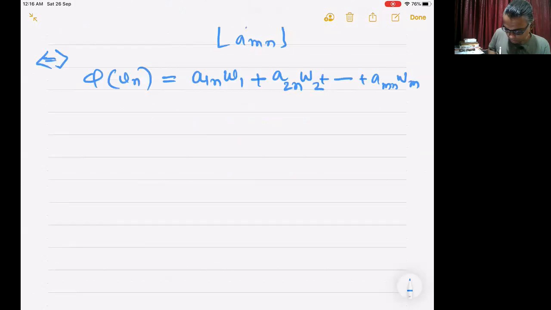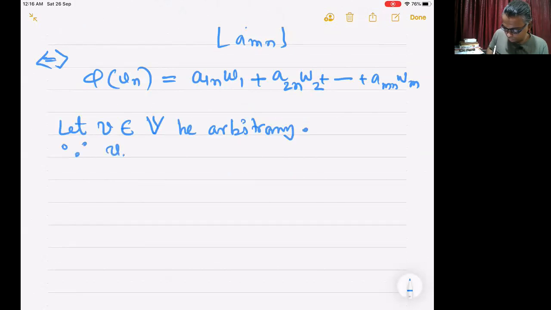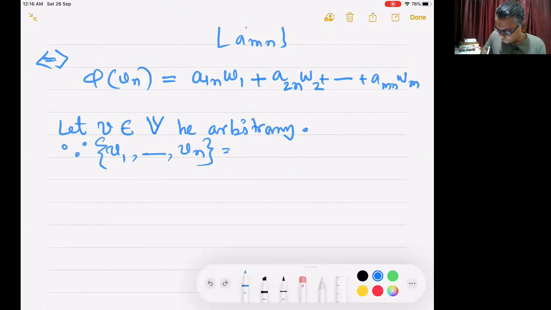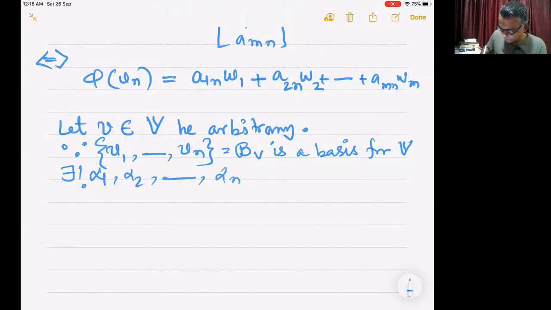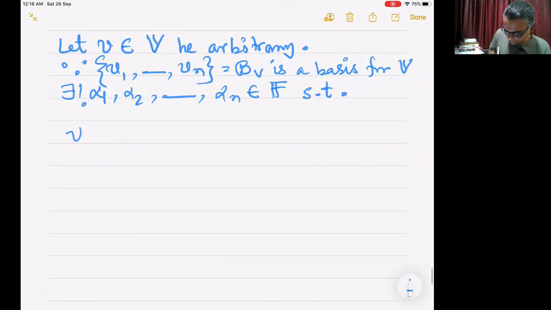Now let v in V be arbitrary. Since V1 up to Vn, which is our BV, is a basis for V, there exist unique alpha 1, alpha 2, dot dot dot alpha n in F such that v is equal to alpha 1 V1 plus alpha 2 V2 plus dot dot dot up to alpha n Vn.